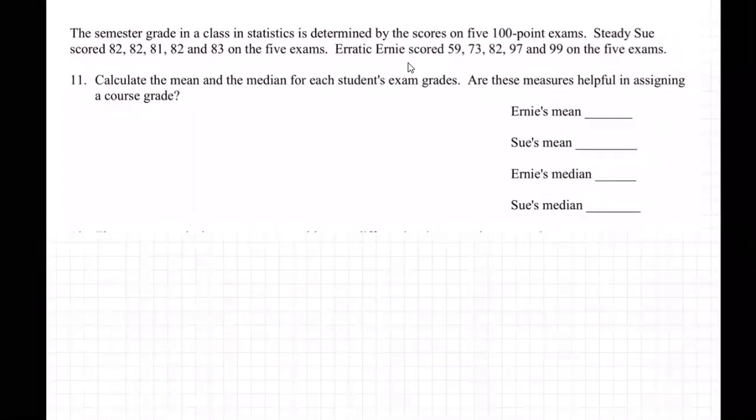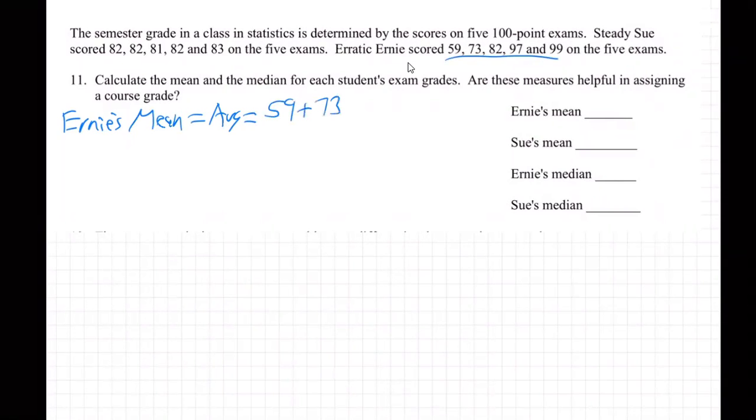Let me redo what I did real quick. Again, we have Ernie's average, or Ernie's mean, which is the average, which is Ernie's scores added up. 59 plus 73 plus 82 plus 97 plus 99, hit equals, divide by 5 equals, and that comes out 82.